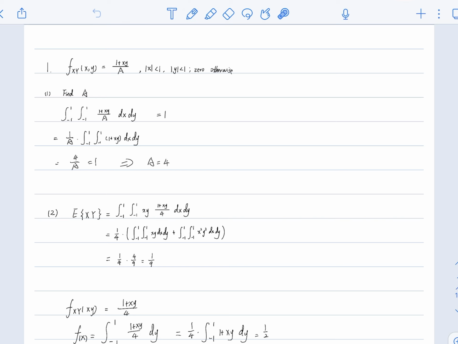Therefore, the integral of f(x,y) dx dy should be 1. It's like this.